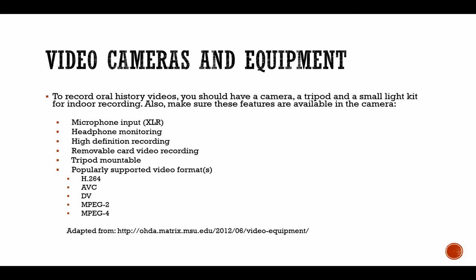These would be, I think, basic ones that are often used in the field, and you can find out more about that by looking at the link below. But if you can make sure that this list of things is available at a minimum, it's probably going to be a usable camera for you.